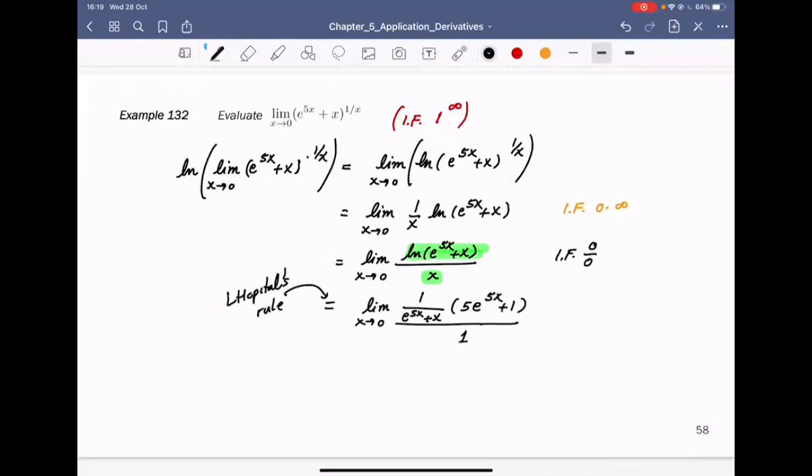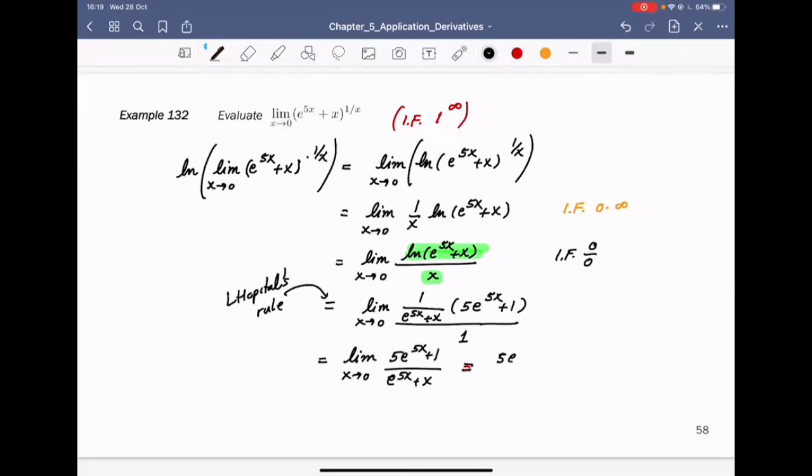Differentiate x, you get 1. All right, let's simplify a little bit so it's a lot cleaner. So I have 5 e to the 5x plus 1 over e to the 5x plus x. Is that better?